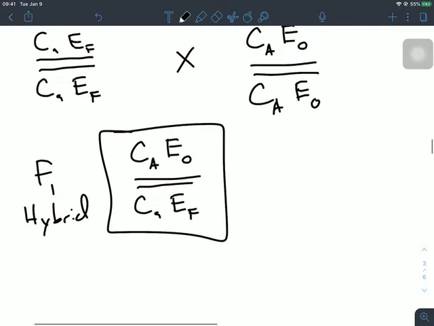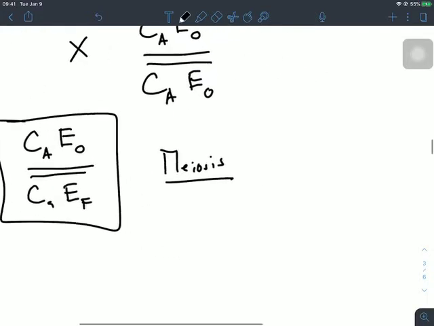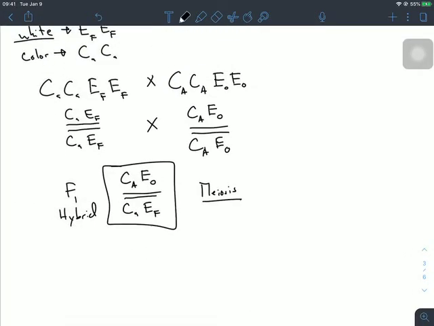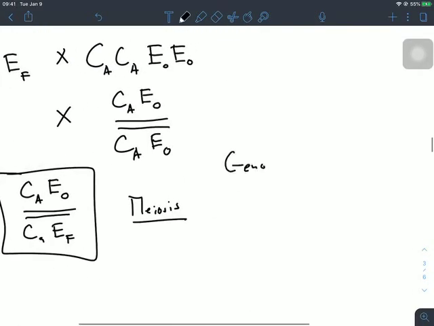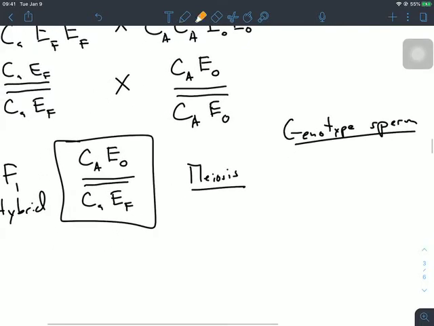In our F1 hybrid, we're then going to go ahead and allow meiosis to occur. And after meiosis, we're going to genotype the sperm. And see how many of our parental type CAEO are made, how many of our parental type CAEF are made, and then calculate or count how many of our two different recombinant types there are.